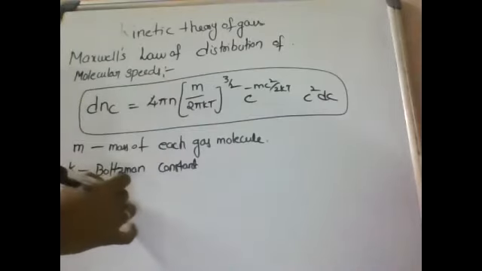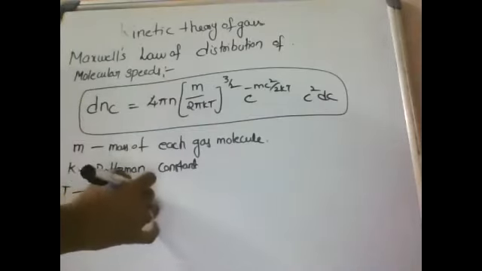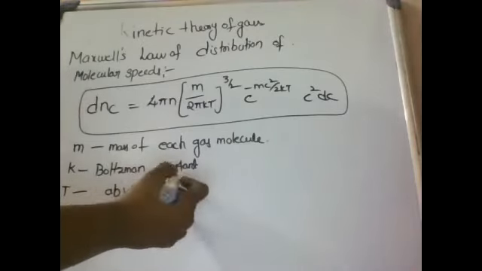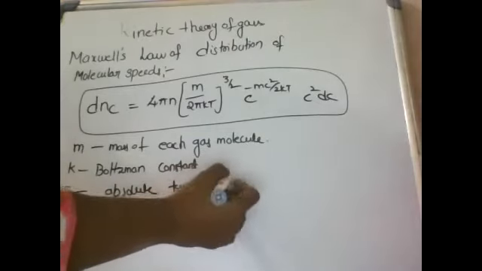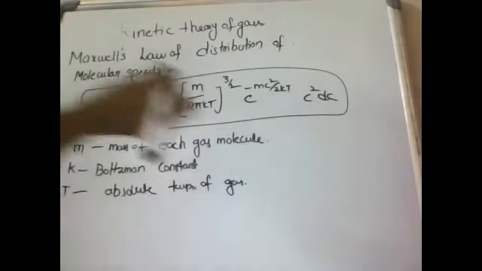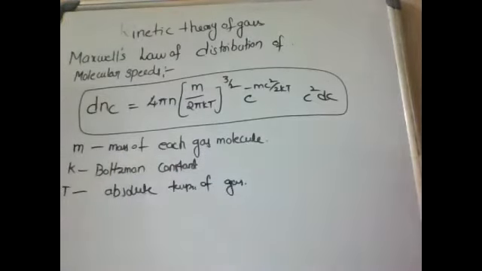And what is T? T is the absolute temperature of the gas. So these are the terms in the equation. m is the mass of each gas molecule, k is the Boltzmann constant, and T is the absolute temperature of the gas. So how do we derive this equation?